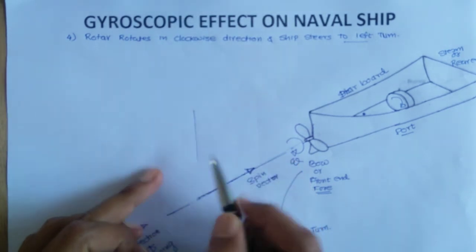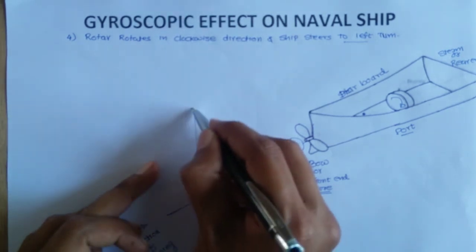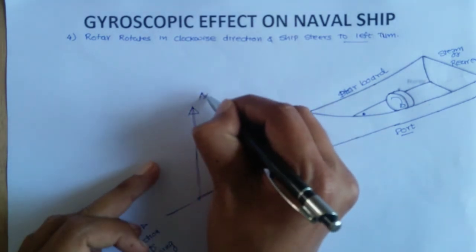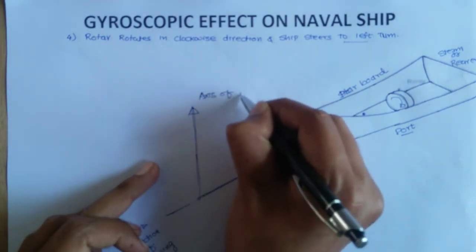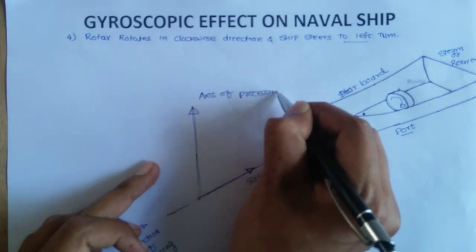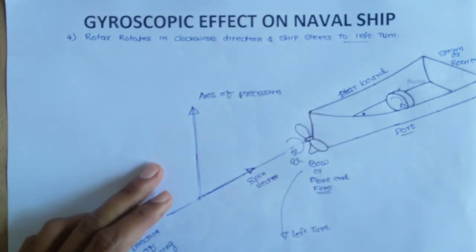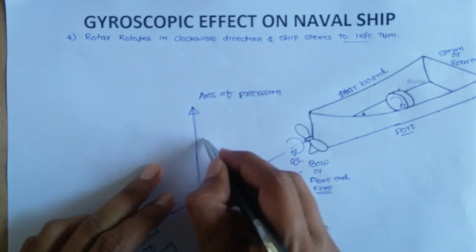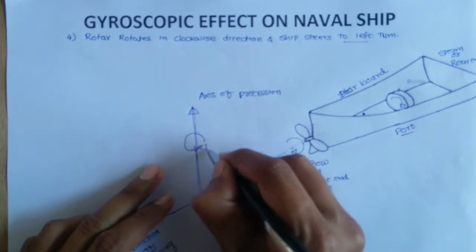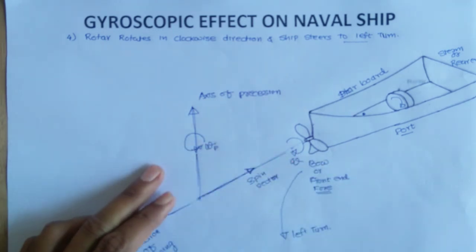So let us draw this as the axis of precession. Our ship is taking a left turn, so this is the angular velocity of precession.